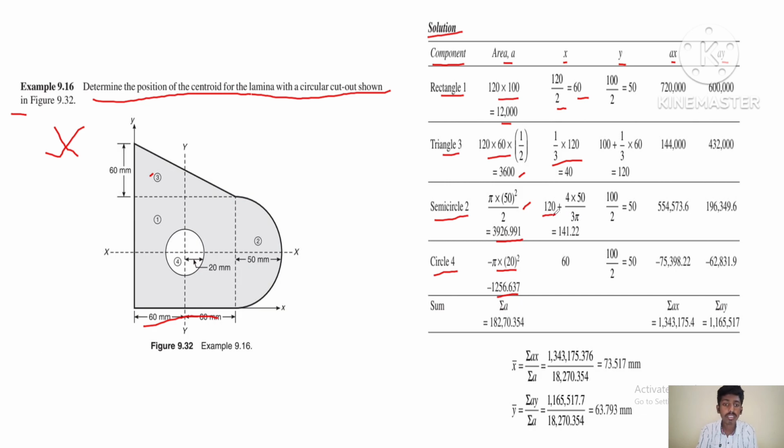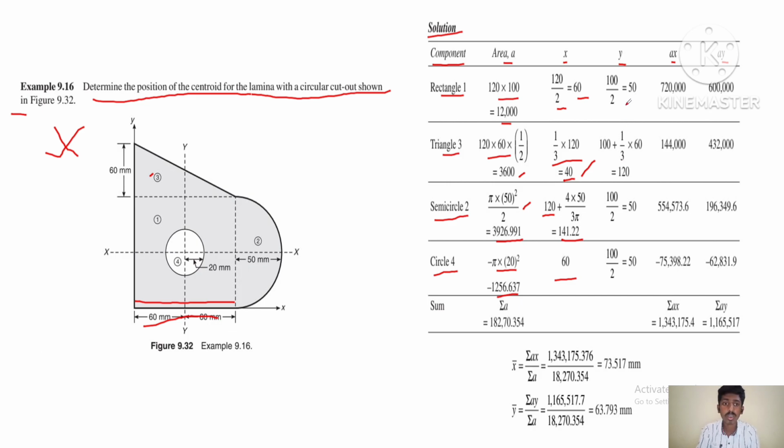We are adding 120 because the diameter is 20 millimeters from the y-axis. To calculate the x distance, we need to add this x value of the shape to its distance from the y-axis. Similarly, for triangle, it's 1/3 of the breadth, which is equal to 40. We have completed this. For circle, r is the x distance.